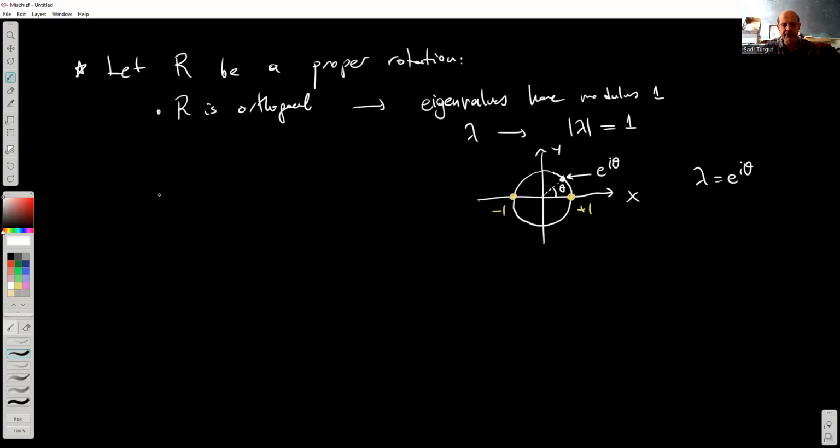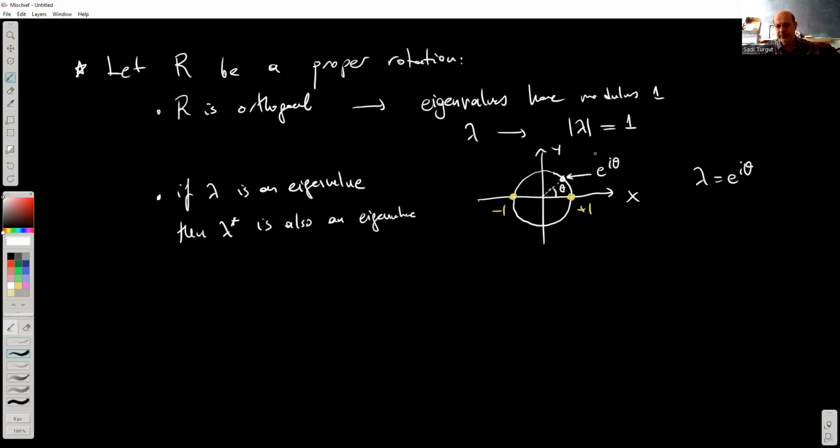And then there are these complex numbers as eigenvalues. The second thing is that since R is real, if lambda is an eigenvalue, then the complex conjugate of lambda is also an eigenvalue. You can show this, but I'm not going to repeat it.